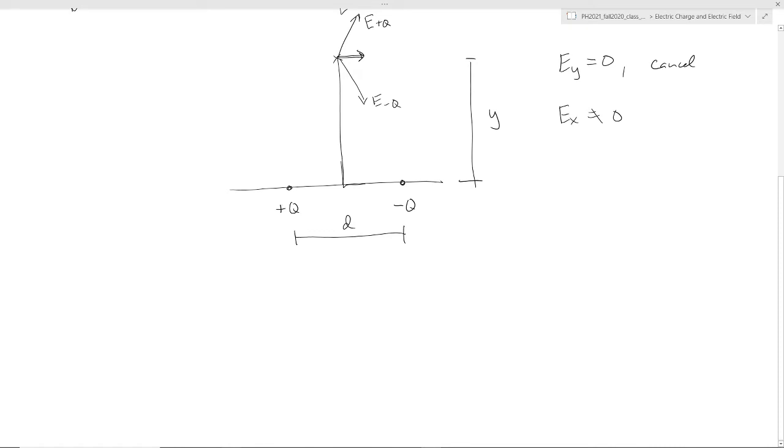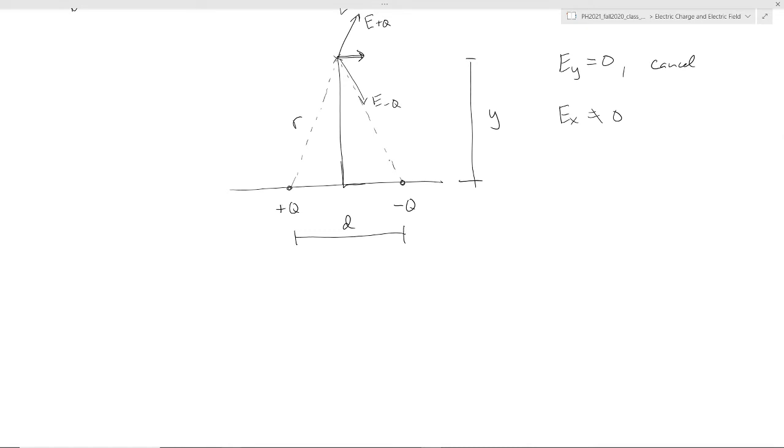So let's figure out how large that electric field would be at that position, and then we can figure out the components so we can add them together. To find how big it would be, we need to know how far away it is in terms of this height y and the separation distance d.